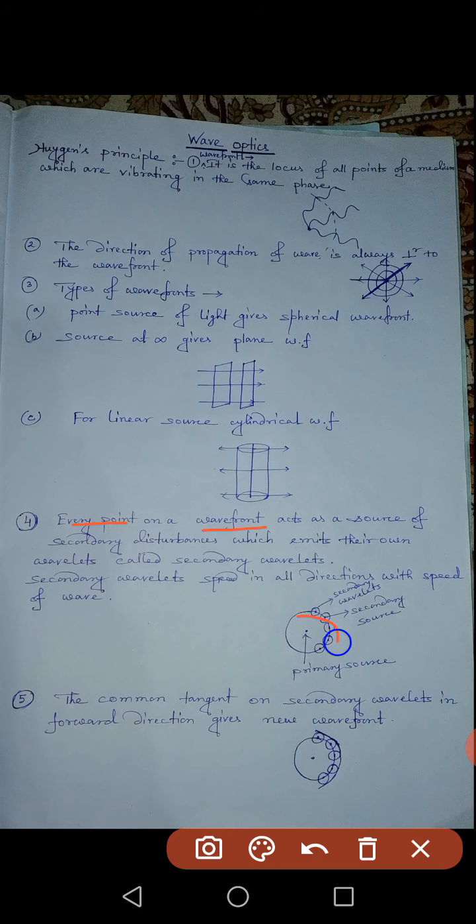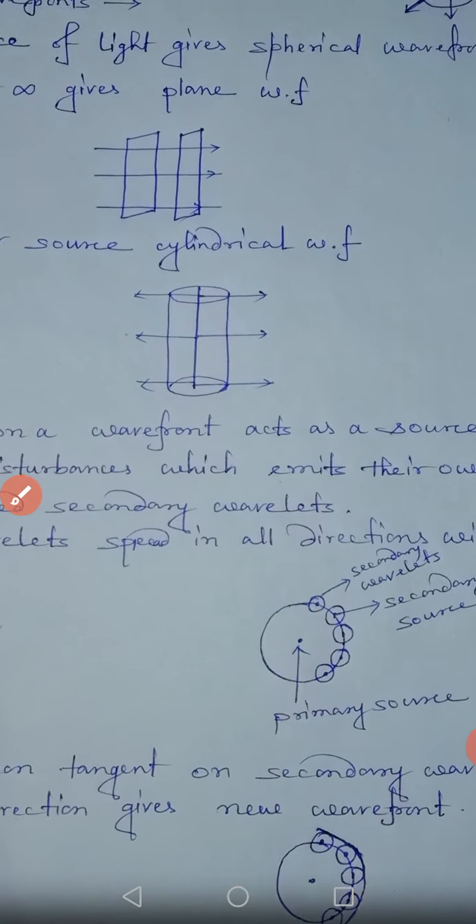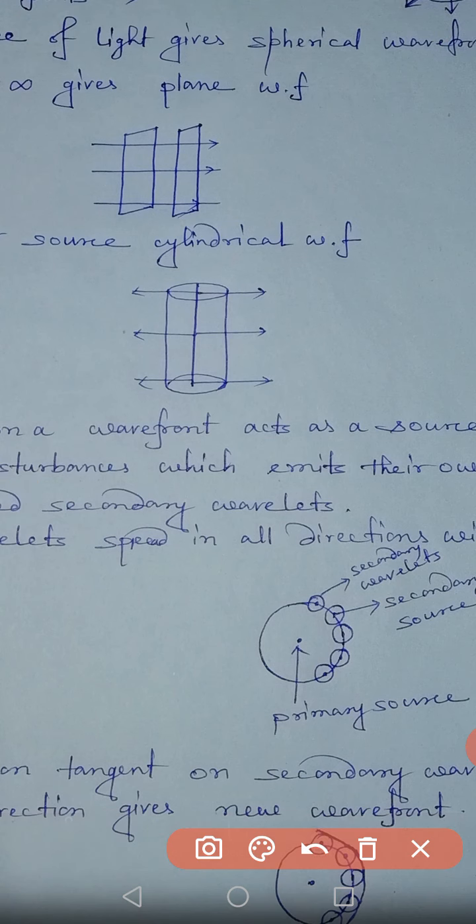On this wavefront I have considered a few points. This is a point, another. All these points are also behaving like a source of light. What source? The source of secondary disturbance, or the secondary source of light.